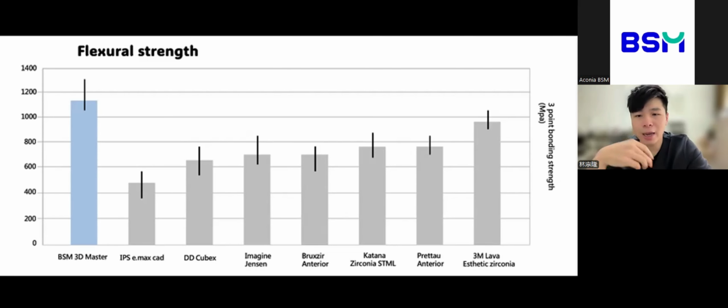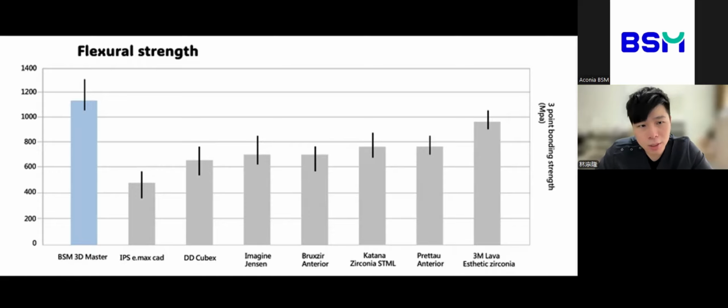If you look at this result, you can see that in terms of strength, 3D Master consistently reaches over 100 MPa. Because of this, the risk of fracture is much lower, especially in posterior cases where the occlusal space is limited. Compared to traditional zirconia materials, it's much less likely to fracture under this condition.